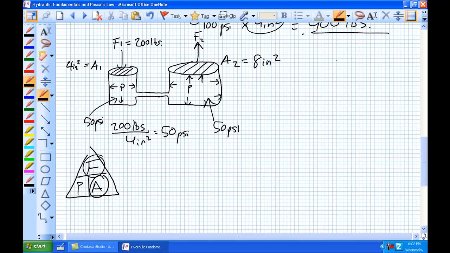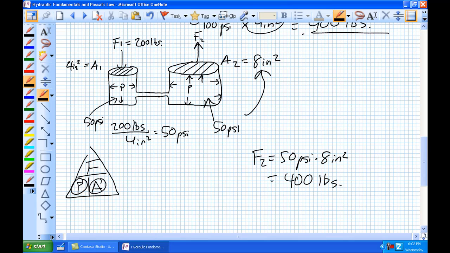So 50 pounds per square inch is acting on 8 inches squared. What's the force? F2. F2, so we're going to solve for F, pressure times area, 50 psi times 8 inches squared should give us 400 pounds of upward force.